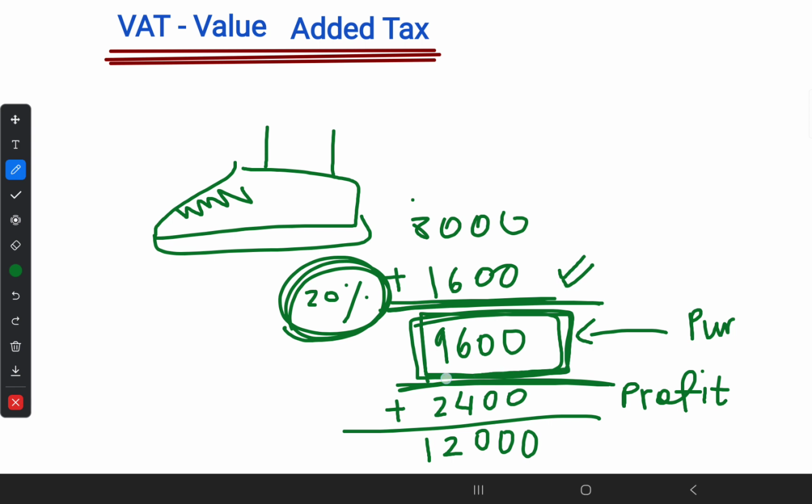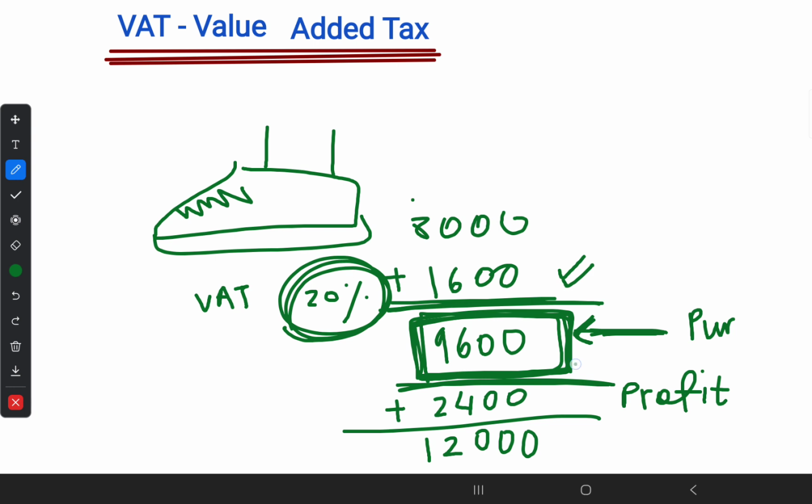That means this is not the original price of the item. While they are importing that item to the local country, they need to pay value added tax. That value added tax plus the original cost of the shoe, both together, is called the original price of the item after paying the VAT.